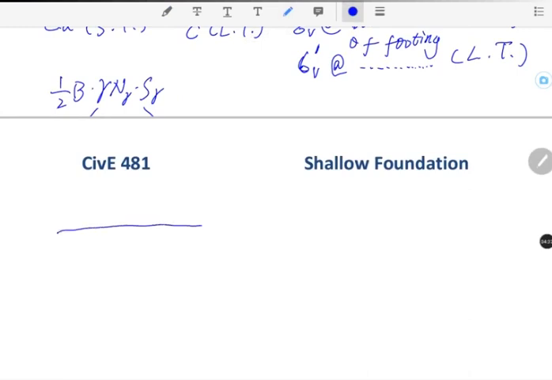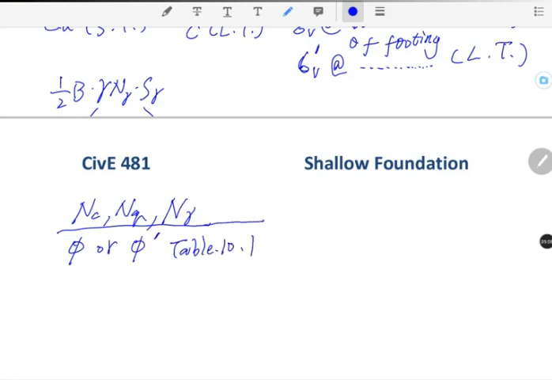And then we can turn to these factors included in the equation. In this equation 10.1, we have two series of factors, NC, NQ and N gamma. These N factors are called bearing capacity factors. We can use phi or phi prime through table 10.1 to find these three factors.